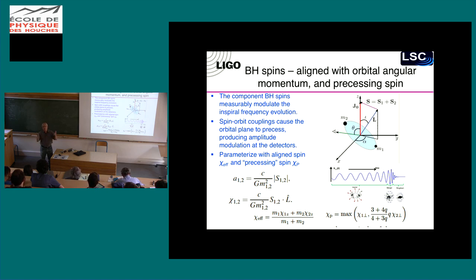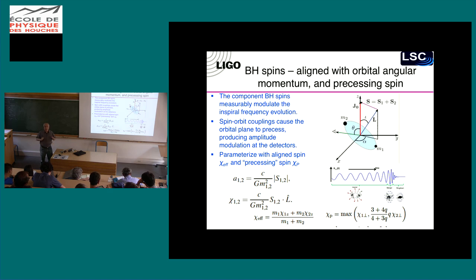it is what used to be called, anyway, orbital hang-up. Okay, whereby the chirp, the in-spiral, lasts longer, sometimes much longer, than it would have if there were no spins, before they finally can get rid of enough orbital angular momentum, enough total angular momentum to merge into a single black hole.